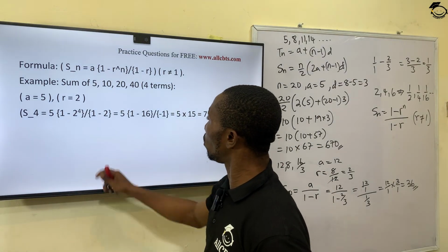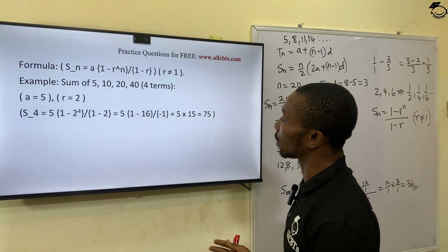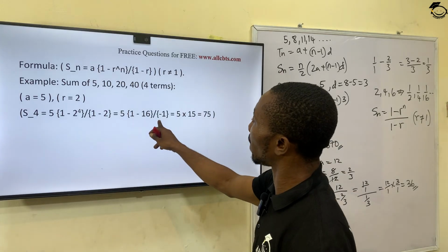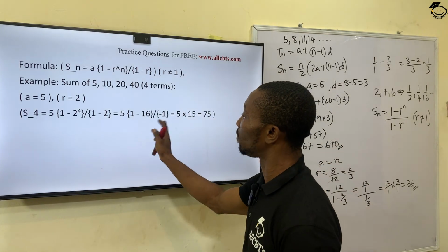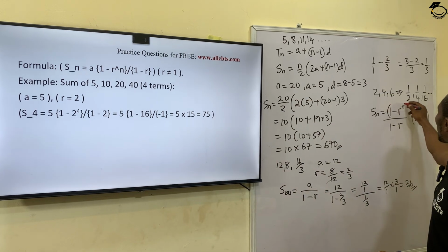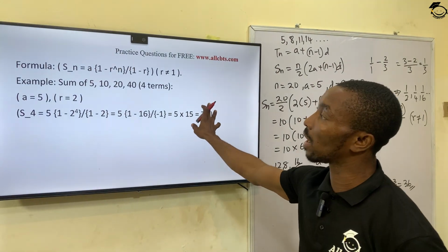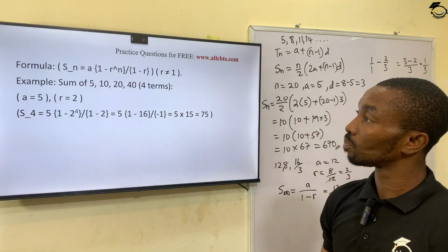So when we divide through, this will give us 1 minus 16, which gives us minus 15. Minus cancelling minus will leave us with 15. So 5 times 15 would give us 75. That's how we arrived at this answer.